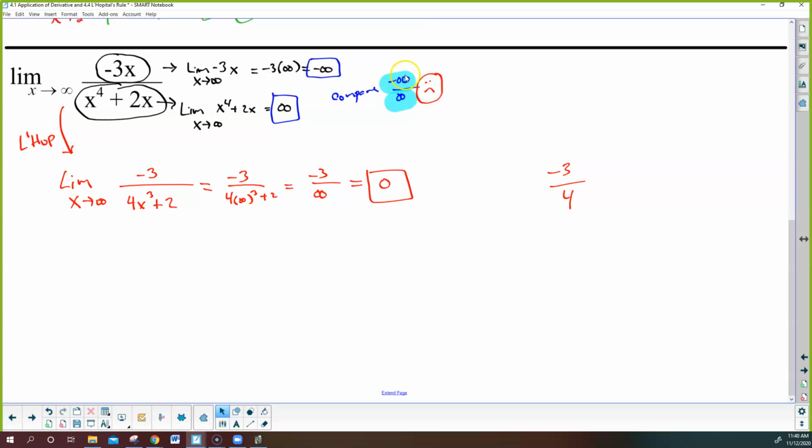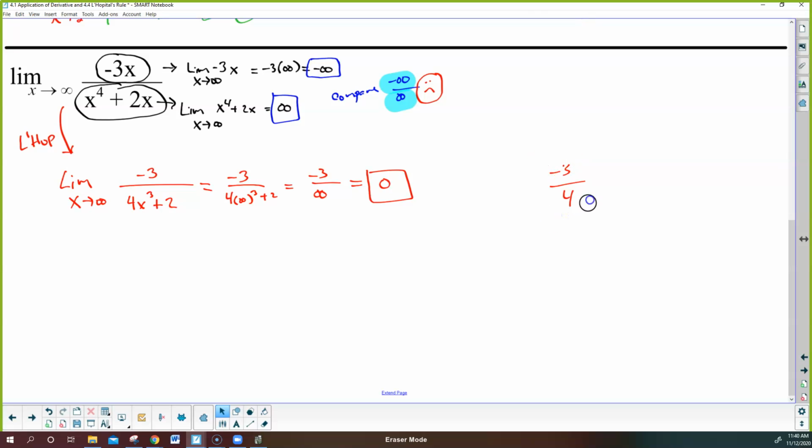Now, we have to be careful because this answer, we don't know. I'm not using the sign to determine the answer. I'm using the fact that the top went to negative infinity, and the bottom went to infinity, which means this is an indeterminate form. So I can't use just substitution to solve it. I have to take the derivative.